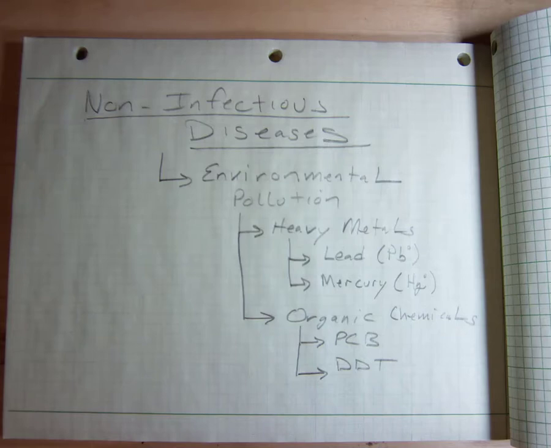Another source of non-infectious diseases is pesticides. An example of a pesticide is polychlorinated biphenyls, PCB. This is a substance that was widely used in electrical transformer fluids, coolants, paints, and other products.